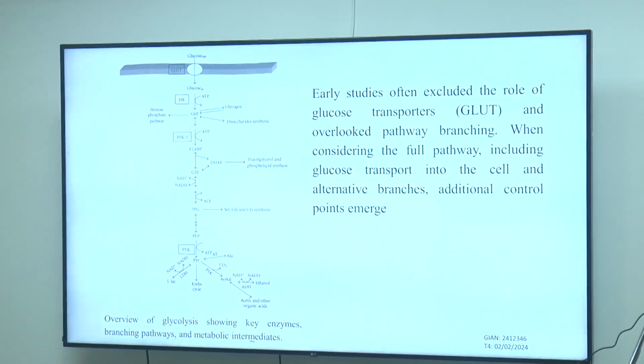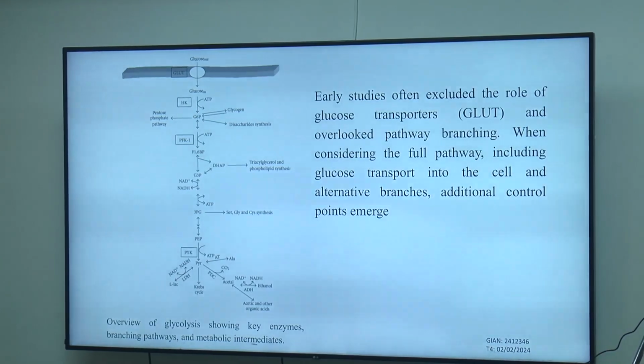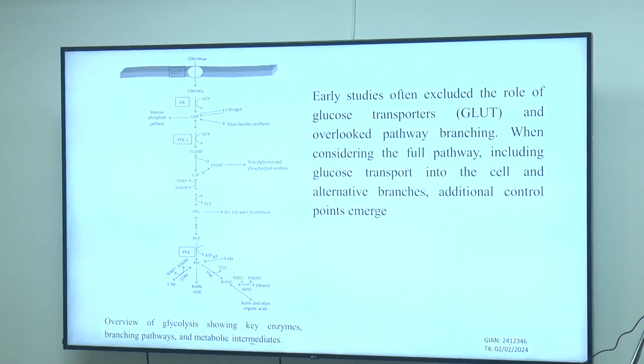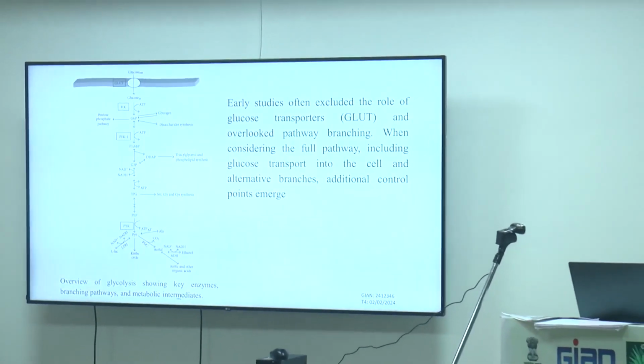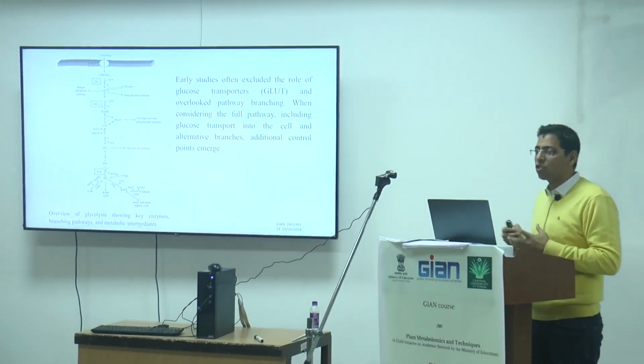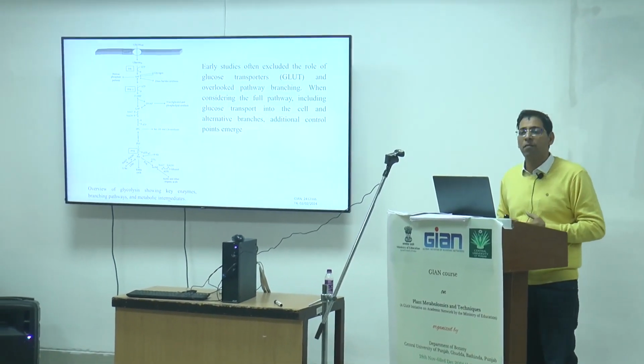But this investigation excluded the transporter genes also. Transporter genes are those which transport glucose into the cell, and alternative branches also. If you consider them, a new additional control point emerges.